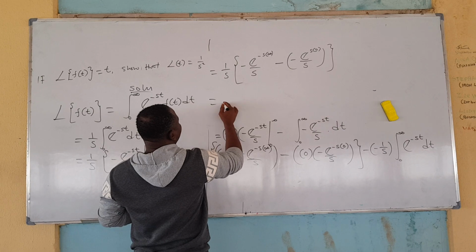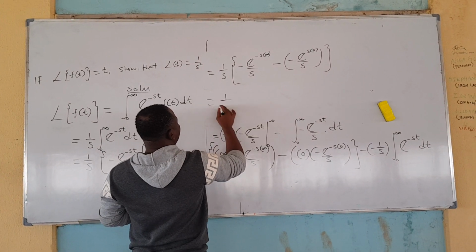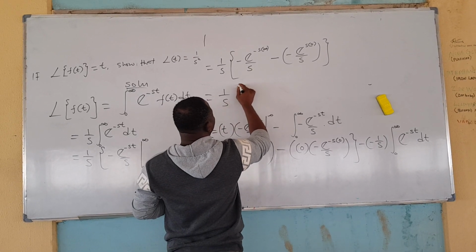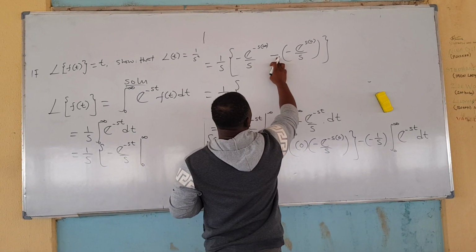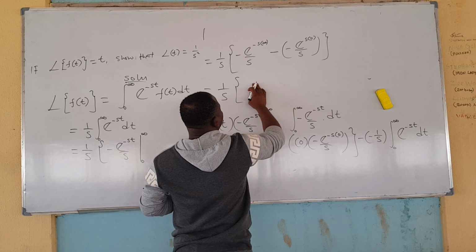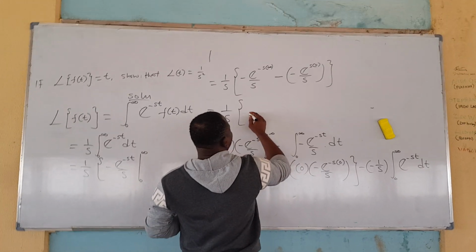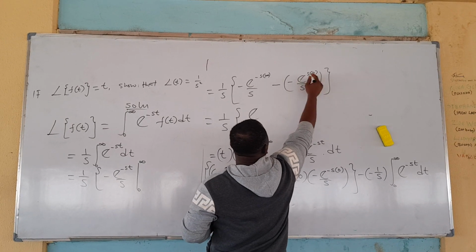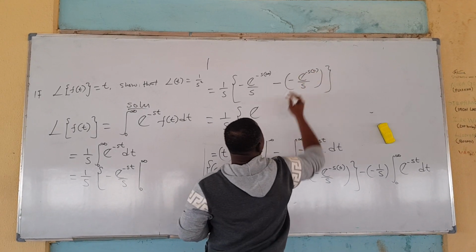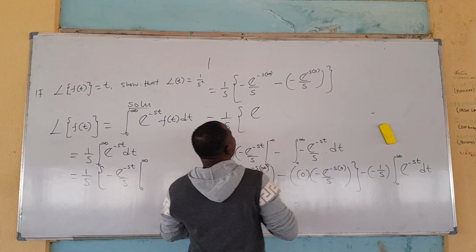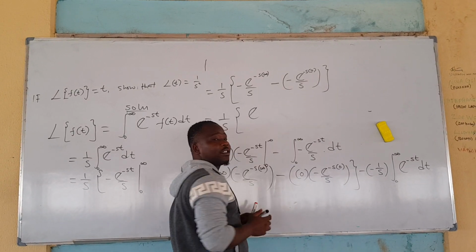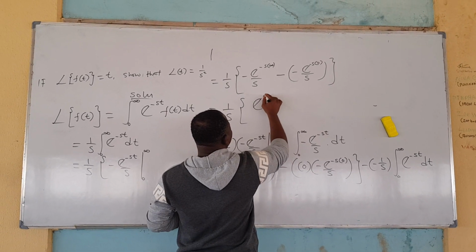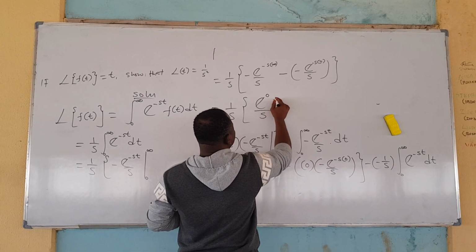So we are going to have 1 all over s, then all in brackets, use this one to multiply out, minus times minus, we are going to have plus exponential, sorry, we are supposed to have minus s here. So minus s times 0 will always give you 0 all over s.